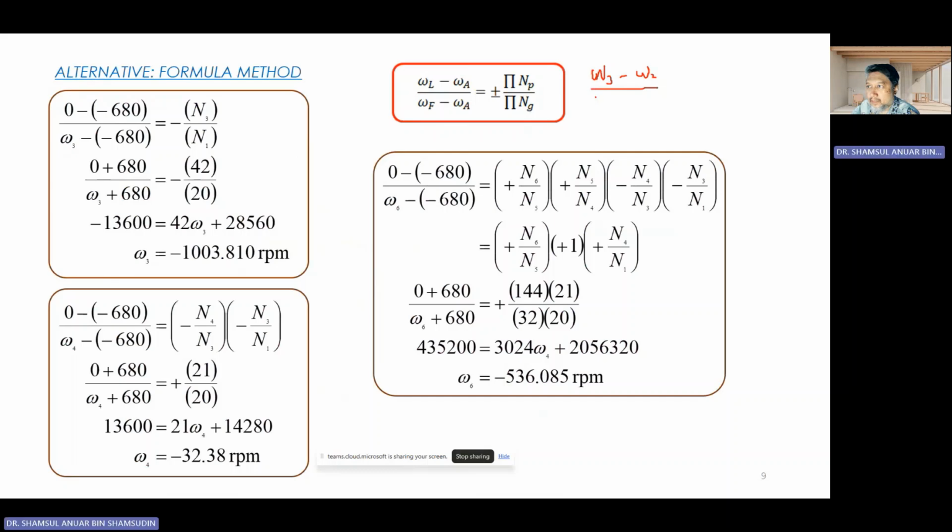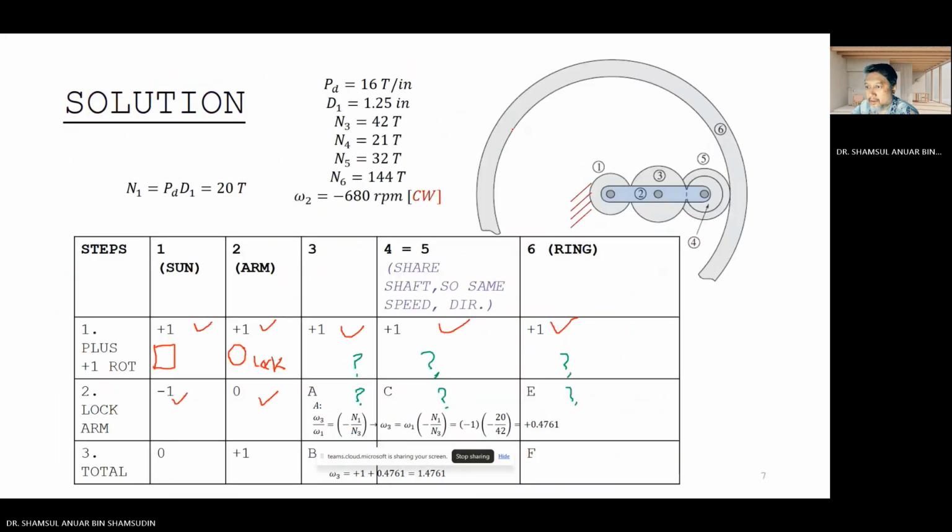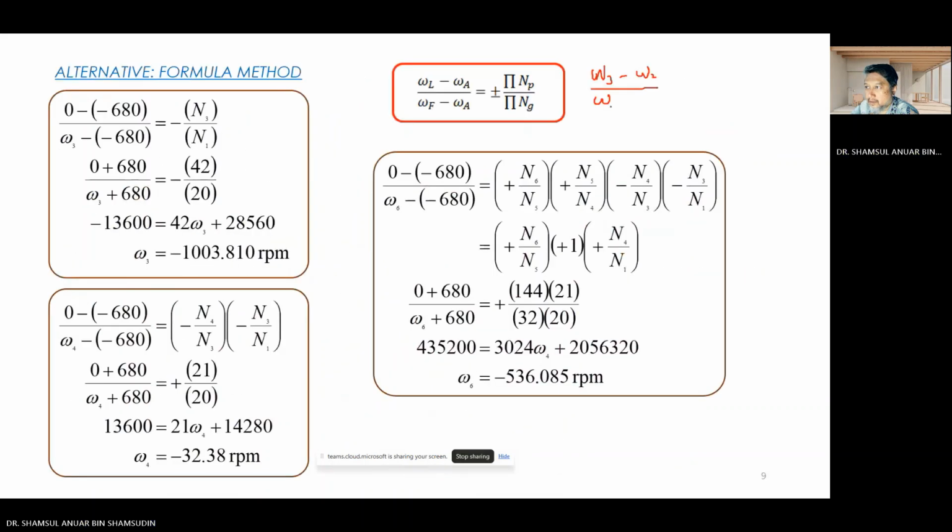So this one will be omega. First one is the first one is 1 minus omega 2.